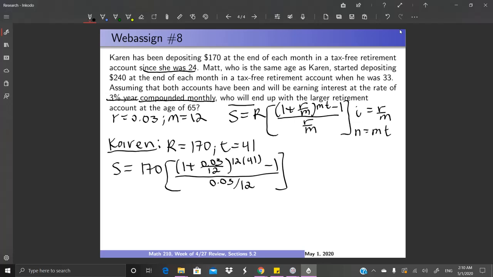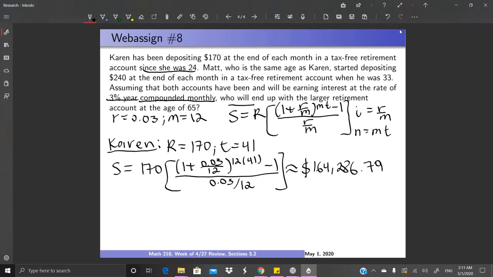Once we calculate this, rounding to the nearest cent, it comes to approximately $164,286.79. Of course, you could round to the nearest dollar if the question asks you to do that, and you'd say $164,287.